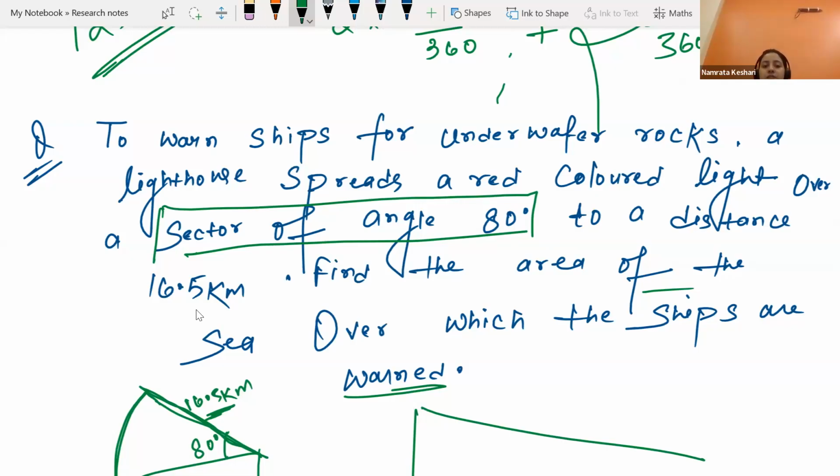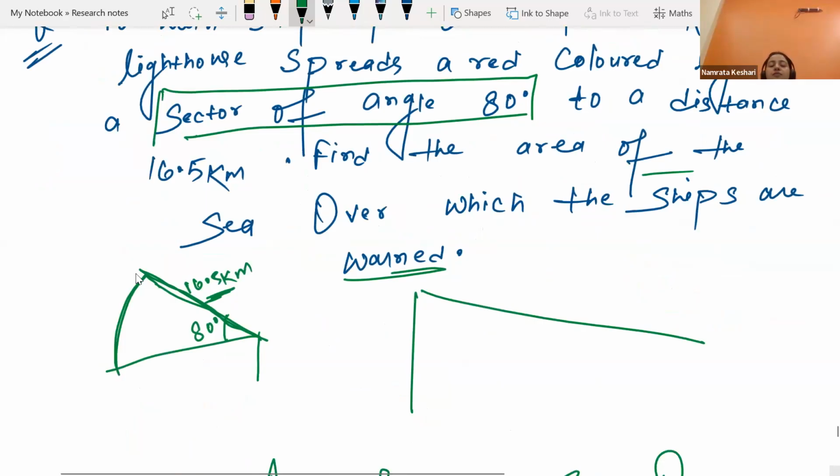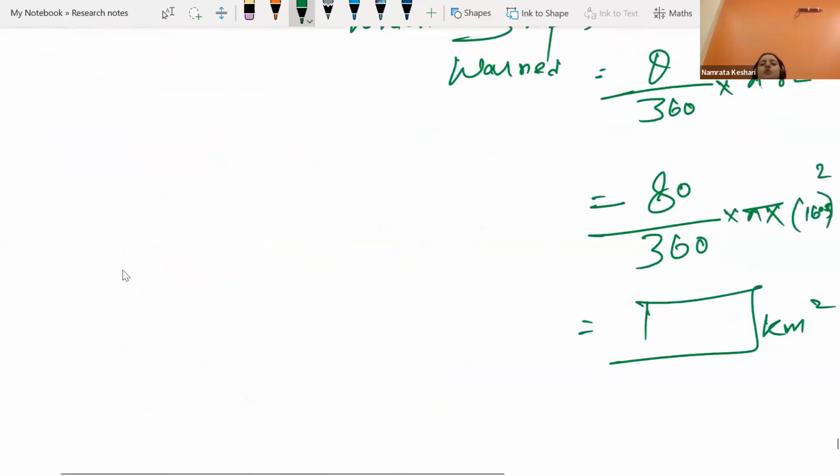This is the radius. Getting it? So radius is given, angle is given. We just have to find the area of the sector. You will be able to do it. Please do it. I'll be stopping here. I wanted to take one more question, but we will run out of time.